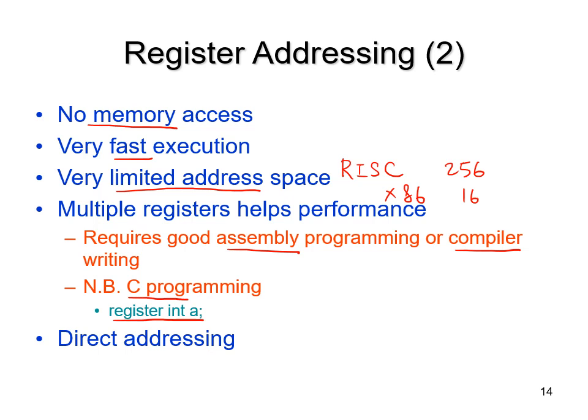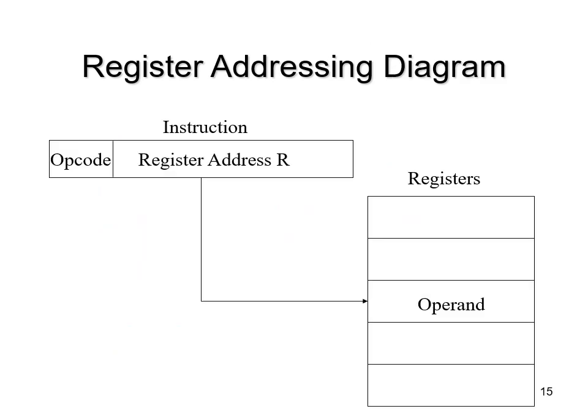Now actually, the accessing method looks like direct addressing, but it does not have the memory access; the data can be obtained in the register. Now here we show you the diagram.